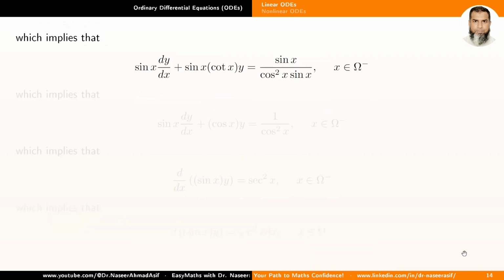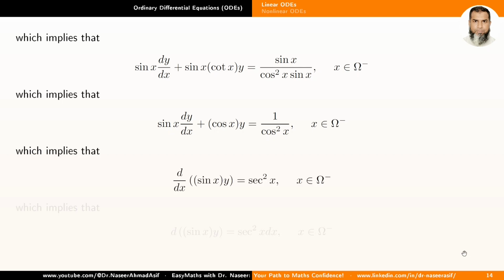So sin x dy/dx plus sin x cot x into y is equal to sin x over cos²x sin x. So sin x dy/dx plus cos x into y is equal to 1 over cos²x, where x belongs to Ω minus. Well, this can be expressed as d/dx of sin x into y is equal to sec²x, where x belongs to Ω minus.